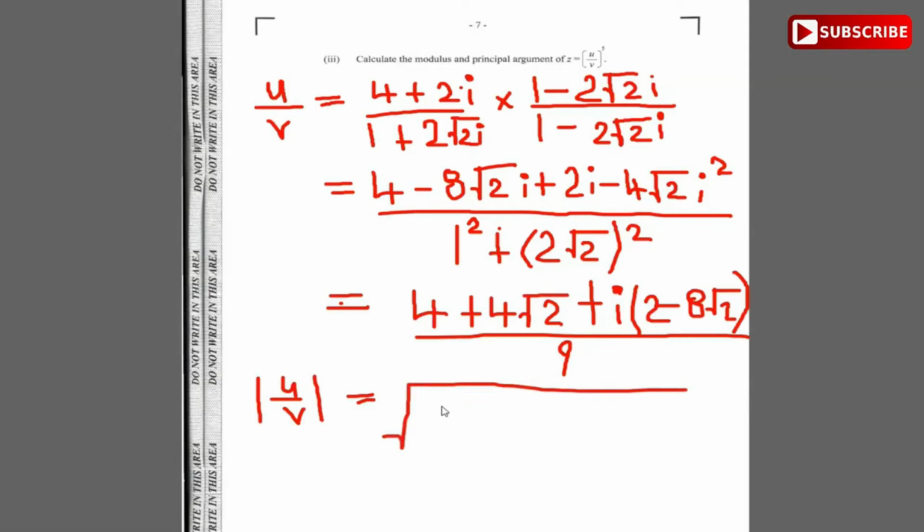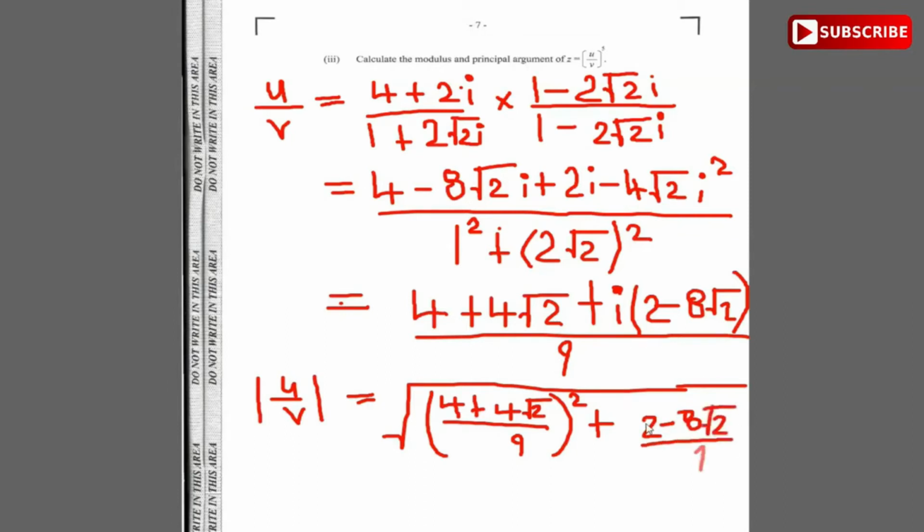This is a, which is 4 plus 4 root 2 over 9, squared, plus, this is now b, 2 minus 8 root 2 over 9, and then we're going to square that.